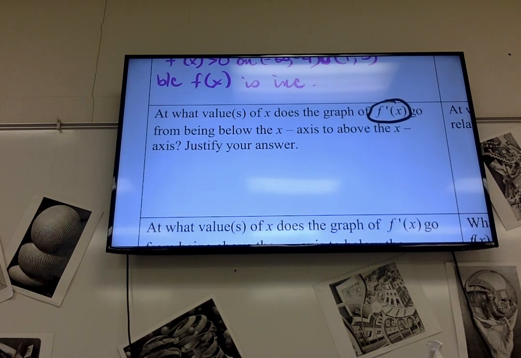F prime of x: negative 4, 1, 5. F prime of x will go, I'm just writing out the first part, from below to above.